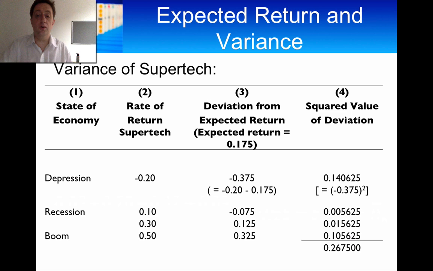We're now going to look at the variance of the return. The variance is calculated in the same way as I calculated the variance in earlier videos, but there is a difference here because we have four different scenarios. That is a population. You only have events in one of each of those four scenarios: depression, recession, normal, and boom. And you notice that the normal has disappeared here for some reason.